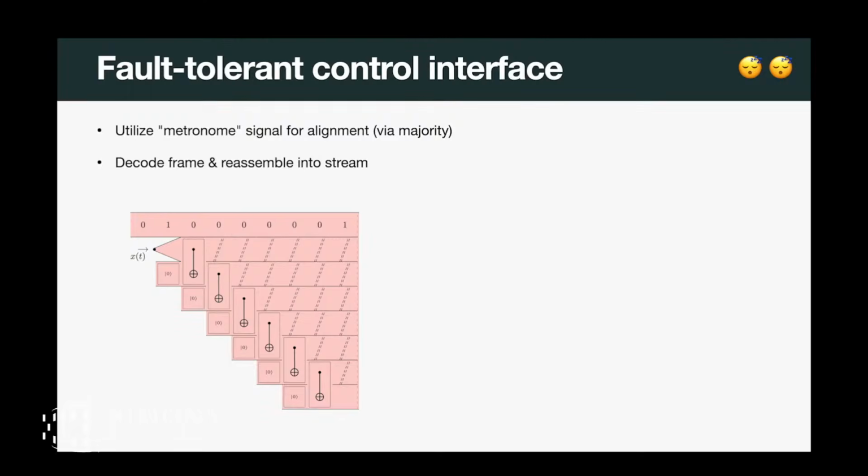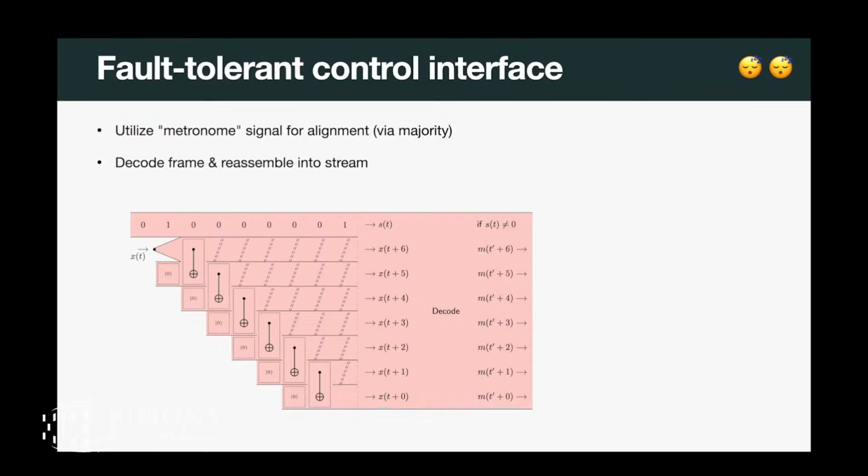And I'm going to look at this window by copying out this data stream many times and implementing some delays. And then I'm going to have this periodic signal that's going to be 1 every so often to mark off where the frame ends, the boundaries. And this I'm also going to get from some primitive like this, and then I'm going to take some majority to get rid of the noise.